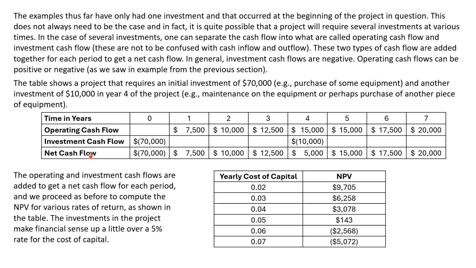Before we were only showing the net, and we had the inflow and outflow. Now we just have operating cash flow, which could have inputs and outputs also, and the investment cash flow, which is typically just outgoing money. And then we add each column to get our net. And then we can do the same type of analysis here under yearly cost of capital.